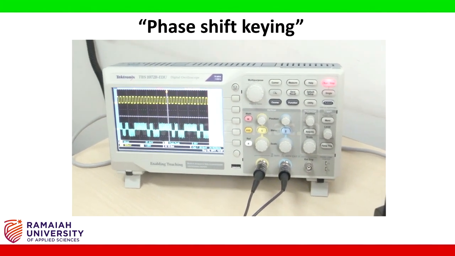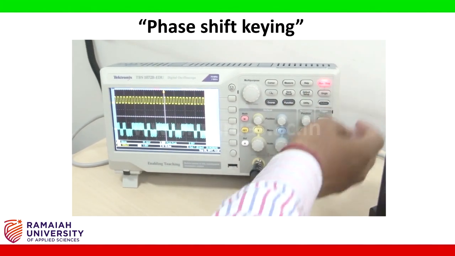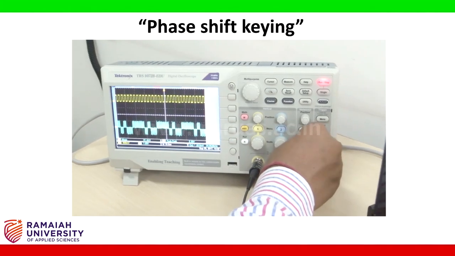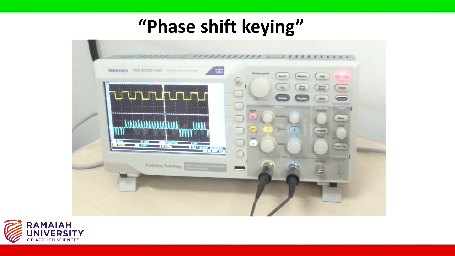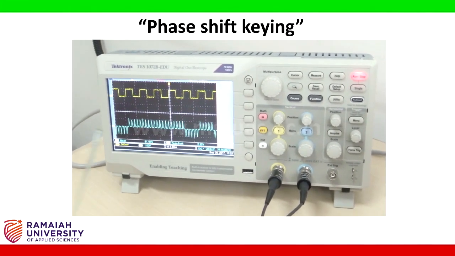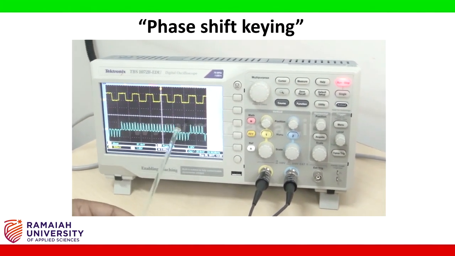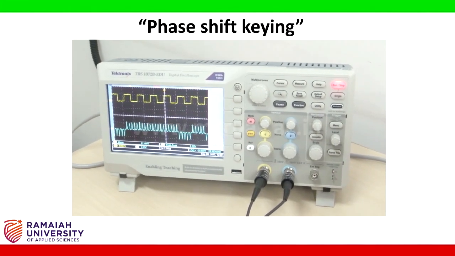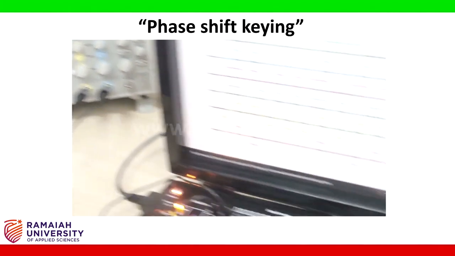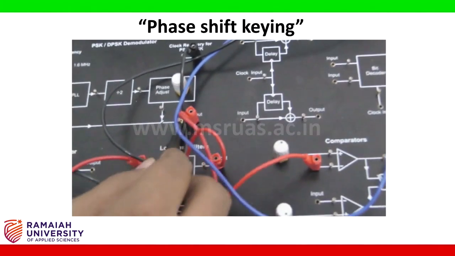By changing the scale you can observe in detail. Yeah, this is what we can see, the spikes, positive as well as negative, according to the data format.